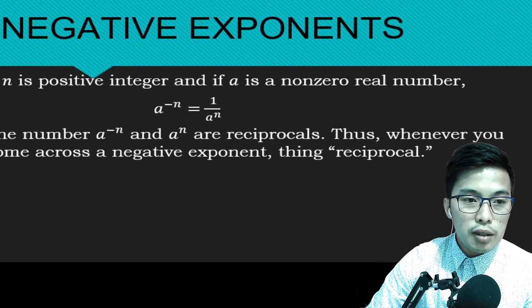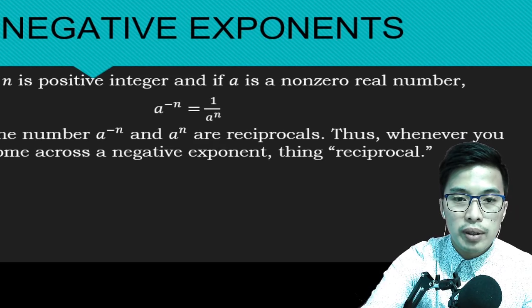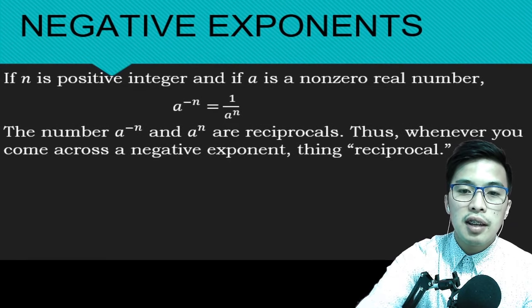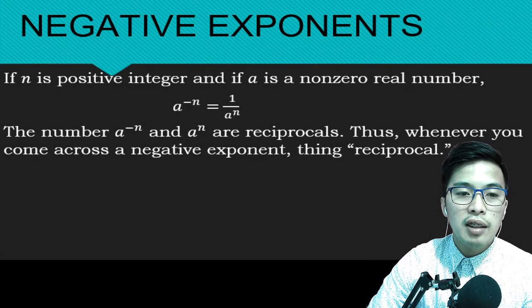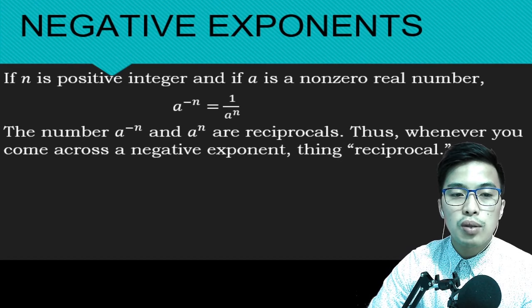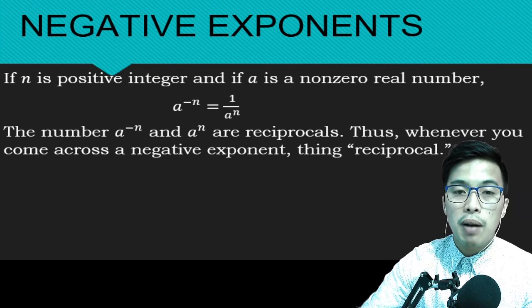Again, so we have the second example, which is the negative exponent, okay? So for this, if n is a positive integer, and if a is a non-zero real number, okay, that is in the form of a mathematical equation: a raised to the power of negative n is equivalent to 1 over a raised to the power of n.